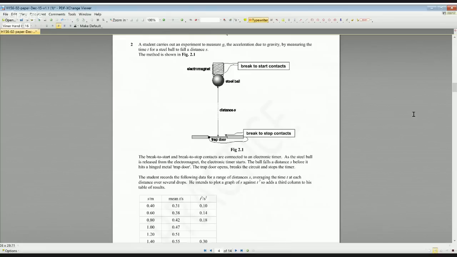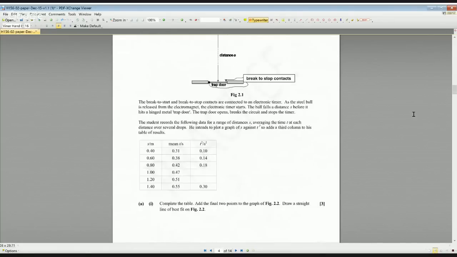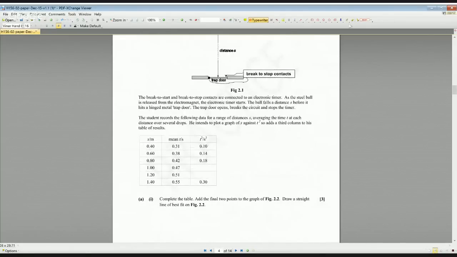Now, the first part of this question should cause you no problems at all. However, I am aware some students were a little bit confused with the terminology, and this is important. This is something that you should be aware of as one of the practical skills, this terminology at the top of our columns here. The idea of separating the s and the m by a slash. What that means is the s is displacement measured in meters.